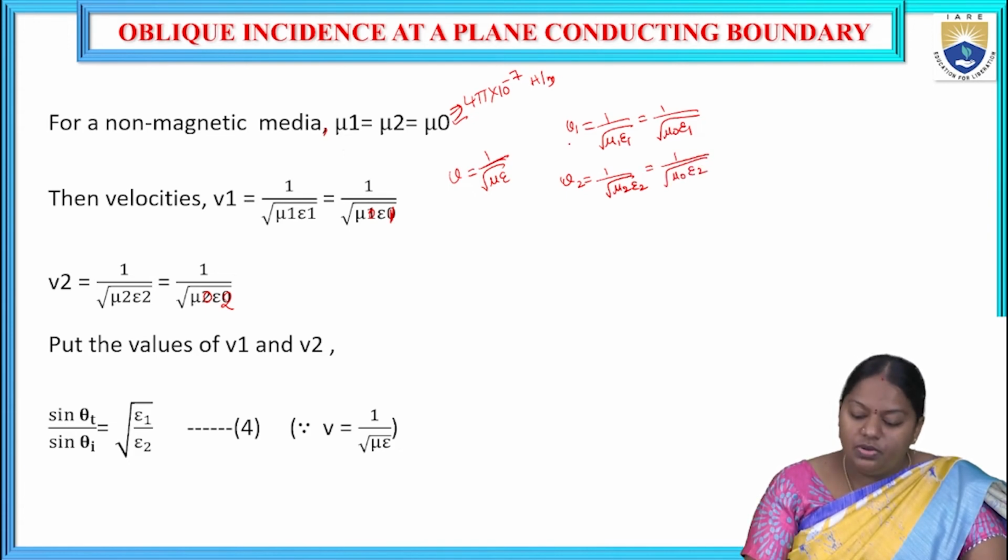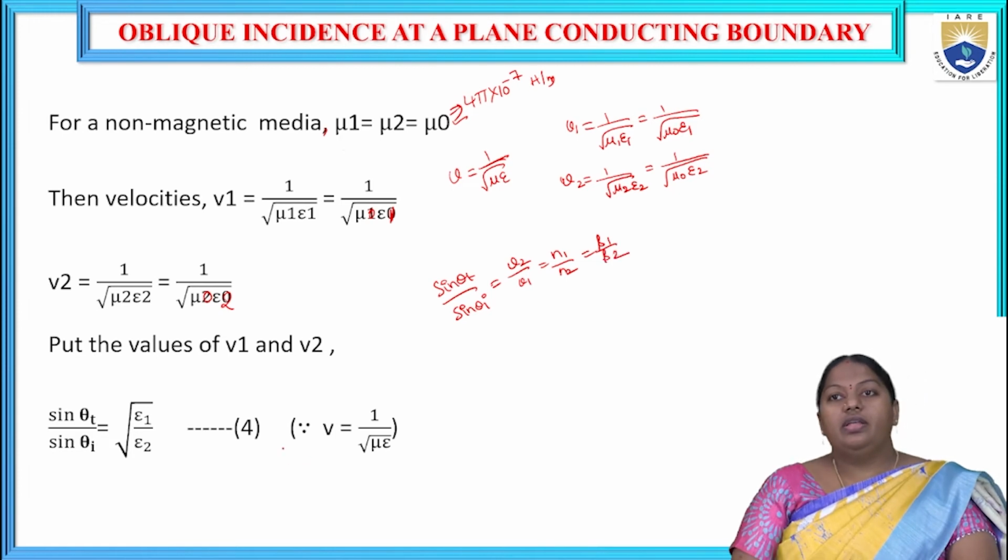As we know, v1 and v2 are related to the index in Snell's law of refraction. Now put those v1 and v2 values in that equation: sine theta t by sine theta i equals v2 by v1 equals n1 by n2 equals beta 1 by beta 2.